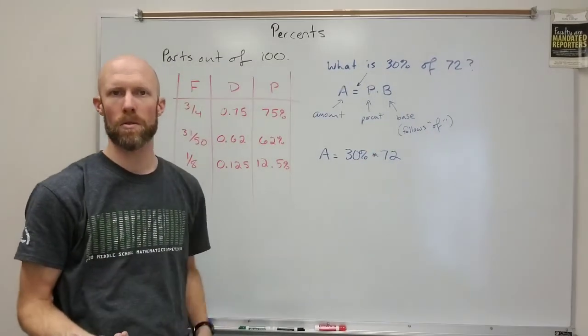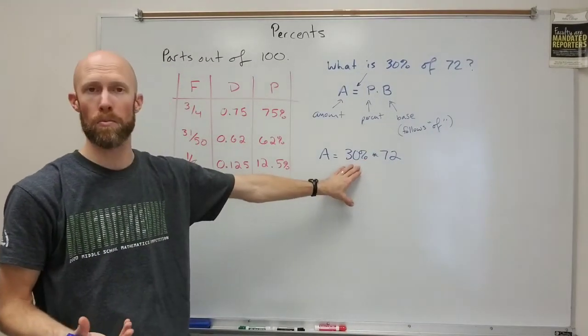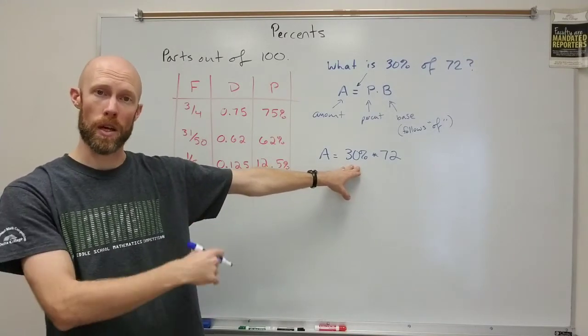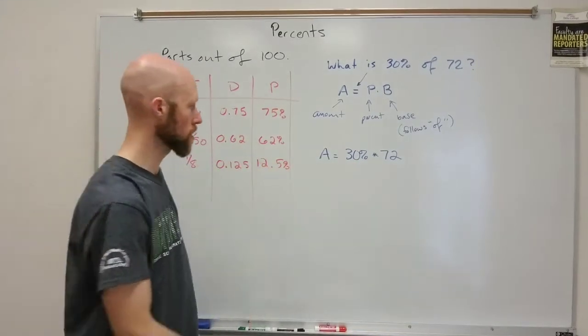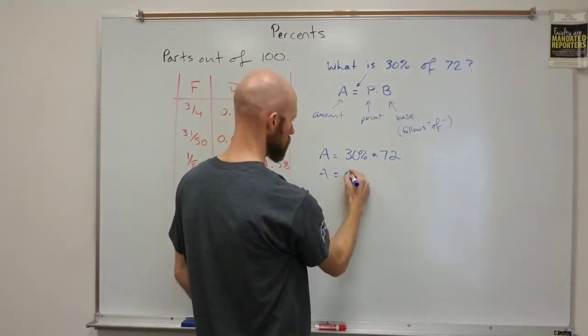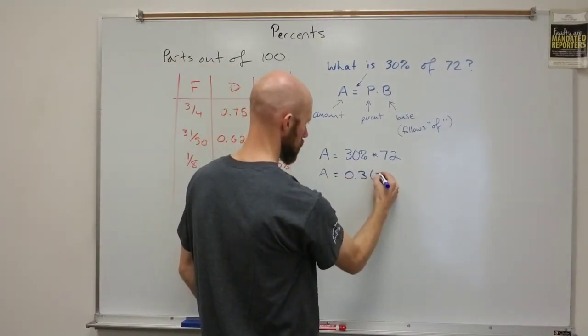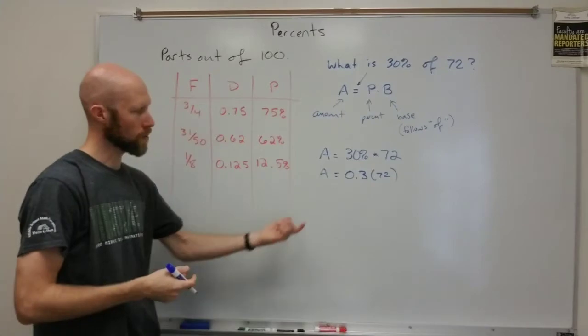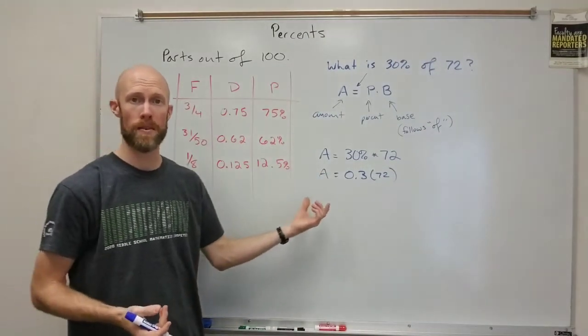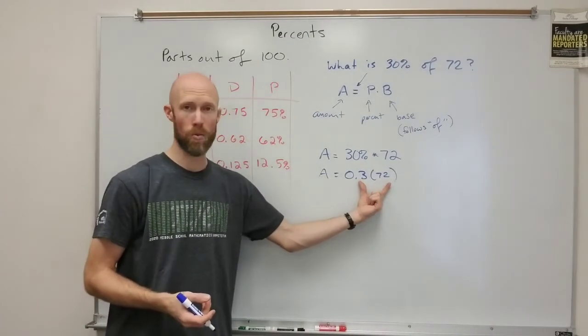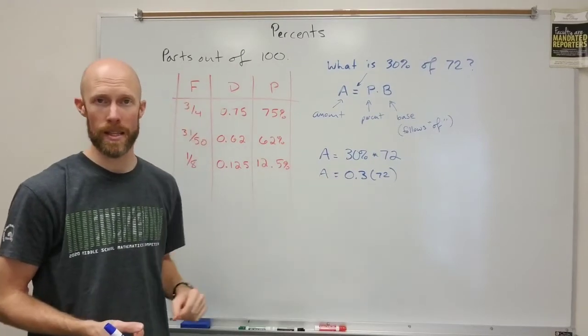30%, in order to actually use that, we need to put it in decimal form. So it's 0.3, right? Move the decimal 2 places left. So the amount is really 0.3 times 72. And then we just multiply them together. Now sometimes I have to solve because maybe it's one of the ones on the right that I don't know, but right now it's the A that I don't know.